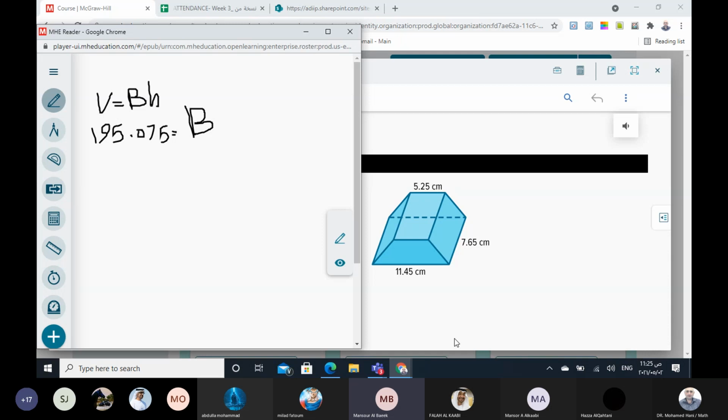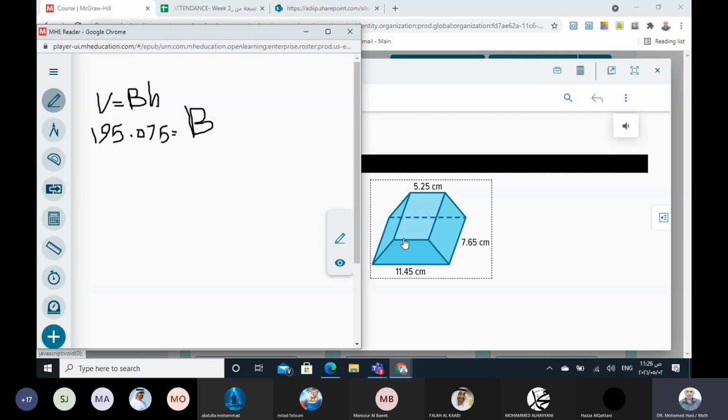Who can tell me what the height of the prism is here? What is the height in this prism? The height is 7.65. Always, the height in a prism is the distance between the two bases.